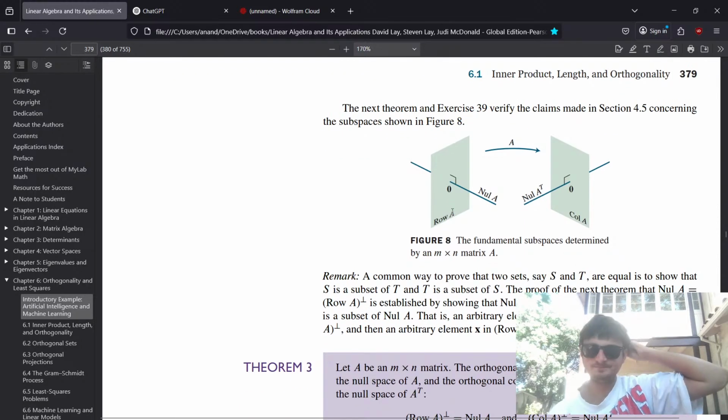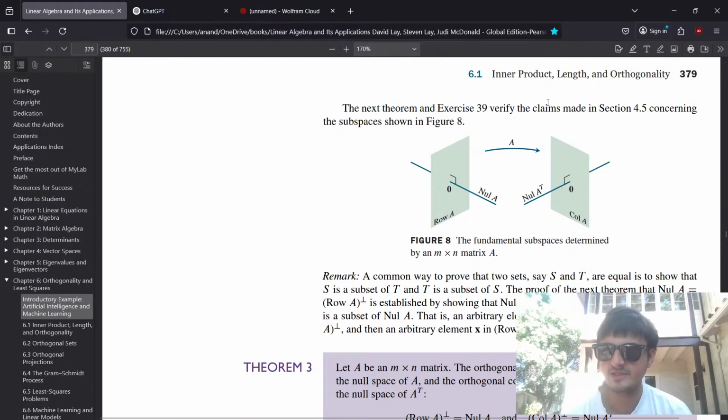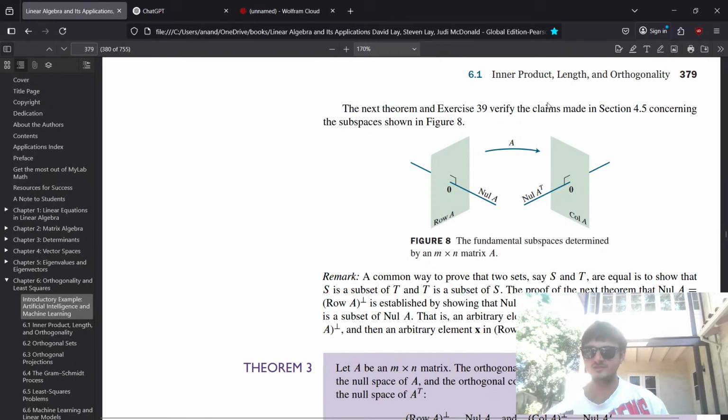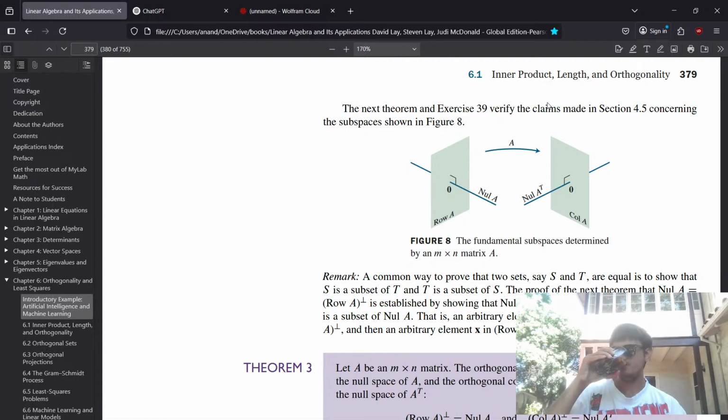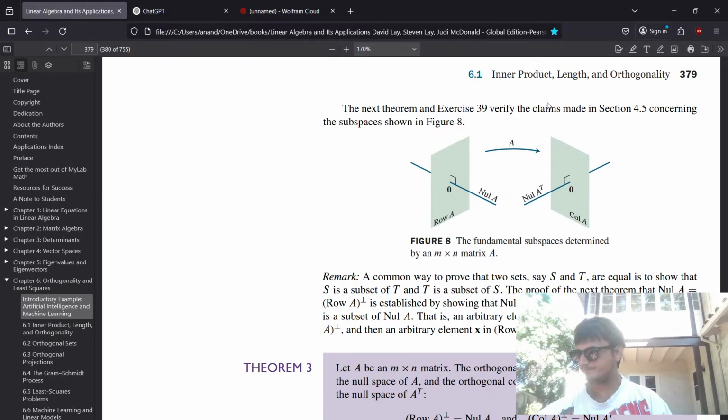The next theorem and exercises verify the claims made in section 4.5 concerning the subspaces shown in figure 8. What do you think about this?